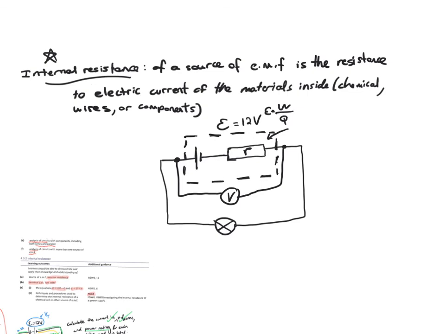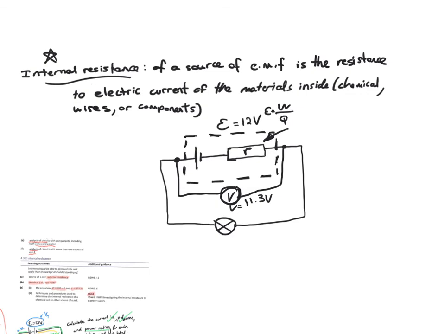So if I give each unit charge 12 joules of energy, some of that energy per unit charge will be lost in the internal resistance, which means that less is available to the rest of the circuit. So it could be just that you have 11.3 volts across it. We call this the terminal potential difference.